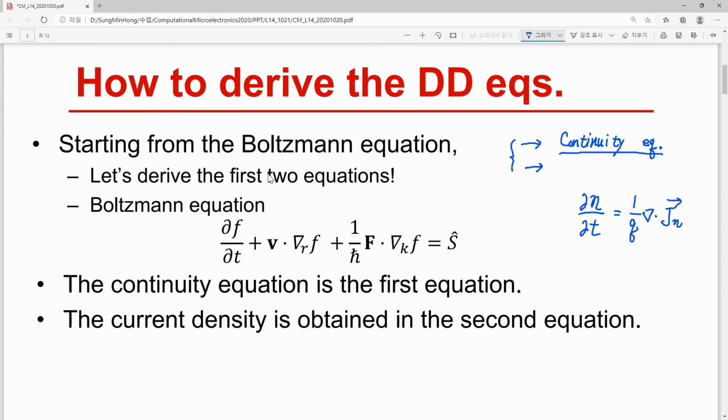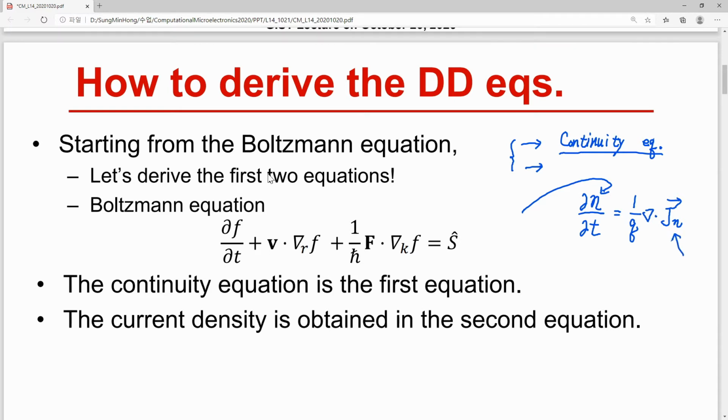Now our question is, if we want to describe the dynamics of electrons, then we have to understand this quantity. What is the value of J sub n? How can I calculate the electron current density? In principle, we would also have to describe another dynamic equation for J sub n, describing how the electron current density changes when something happens inside the system.